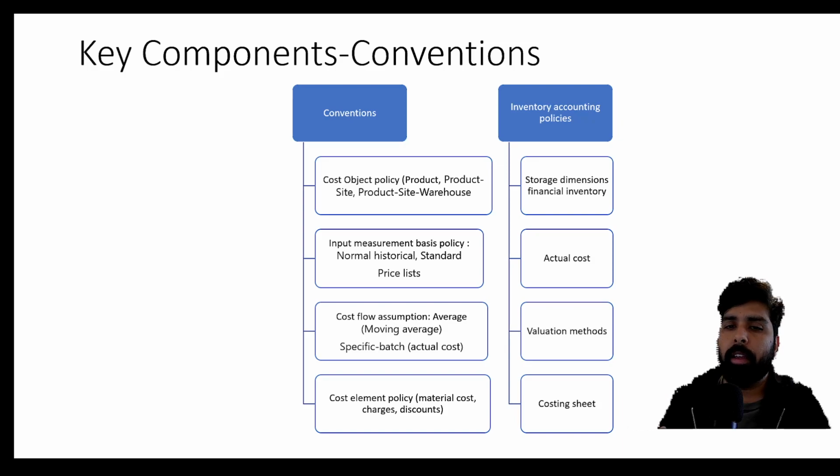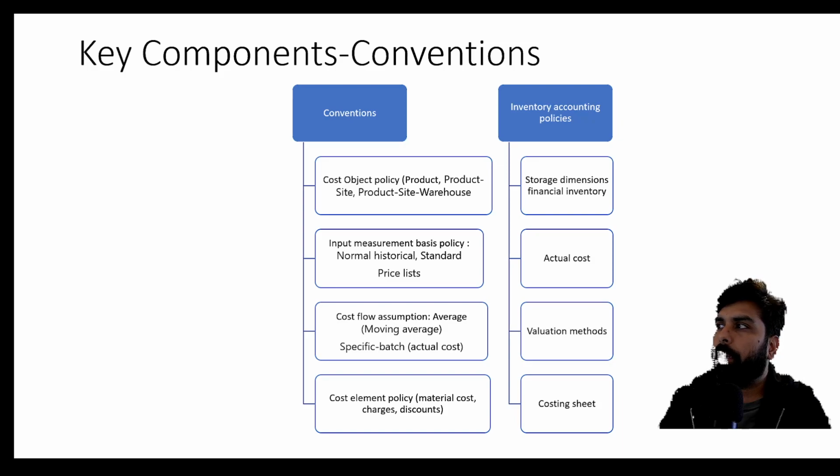Now there are four key components which we need to define, and I will try to explain in a simplified version. We can dig into more details and discussions about these components in future videos, but let's understand the fundamentals as of now. The first component you need to define is the cost object policy. As of now this convention supports three things.